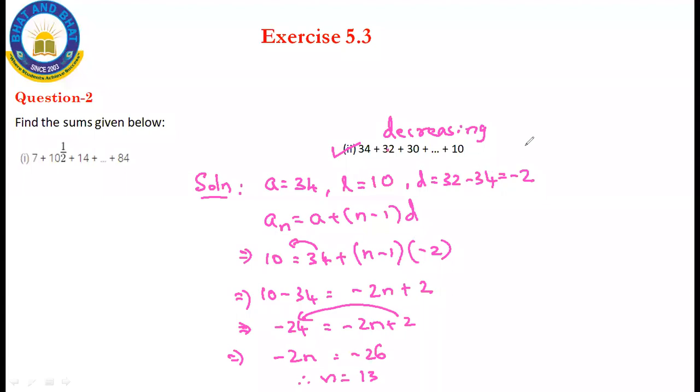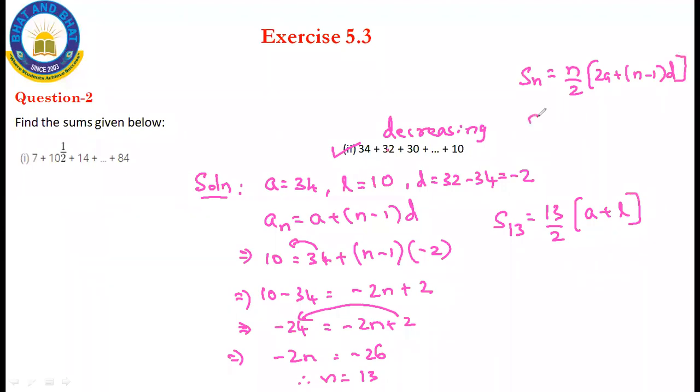Once I have got n, it is very simple to find out S13, which is 13 divided by 2, a plus l. The general form: Sn is equal to n by 2 into 2a plus n minus 1 into d. This is one form. Also, Sn is given as n by 2 into a plus l. So 13 divided by 2, what is a? 34.